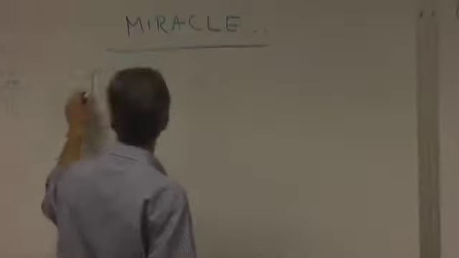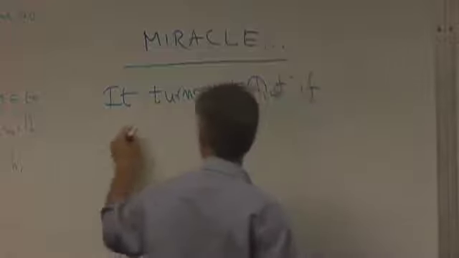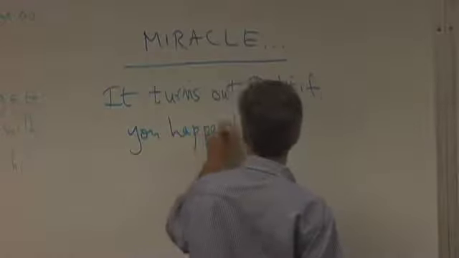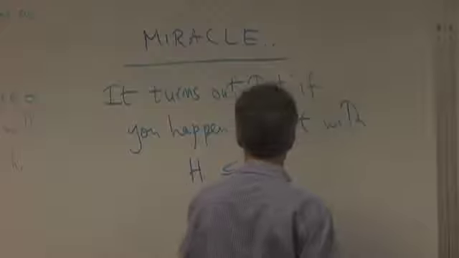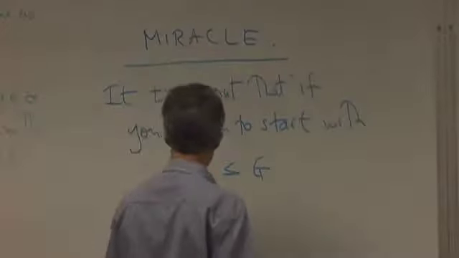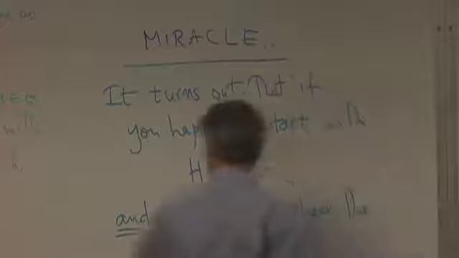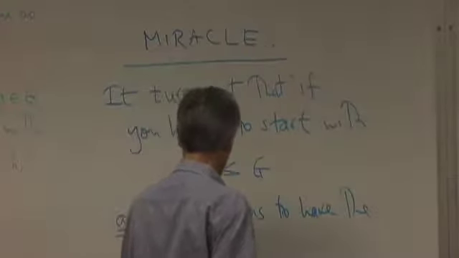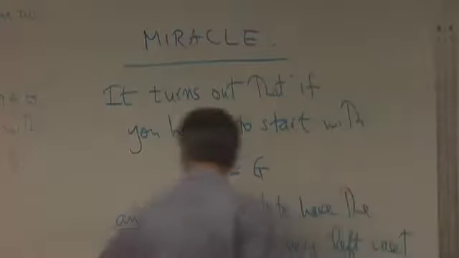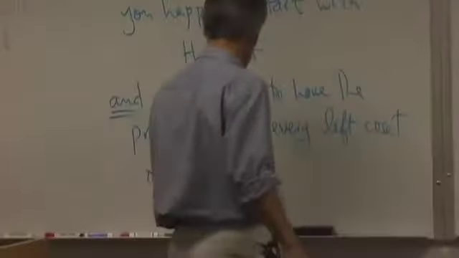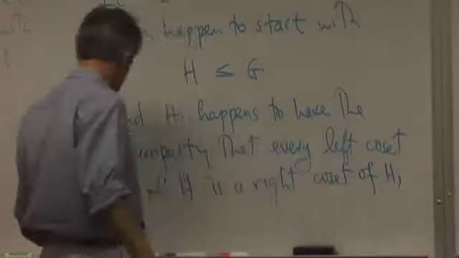Turns out that if you happen to start with the same sort of data, a subgroup H sitting in G, and furthermore, H happens to have the property that every left coset of H is a right coset of H, then it turns out everything works.